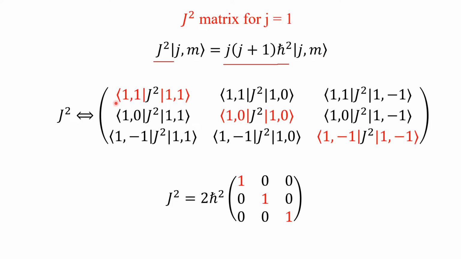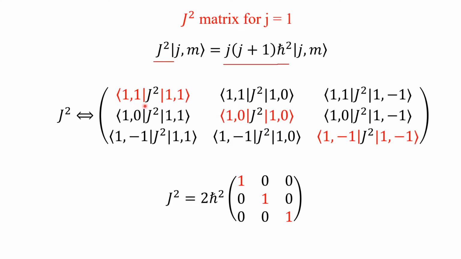As I said just now, I have introduced J squared in the Dirac matrix form. So 1 1 is a bra vector in the first row, 1 0 is a bra vector in the second row, and 1 minus 1 is a bra vector in the third row. Similarly for the ket vector. Here, you have to remember that the J squared operator does not change the state.